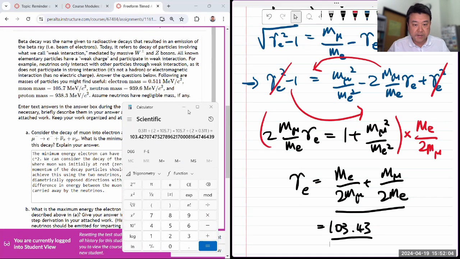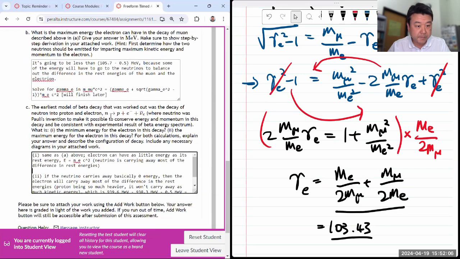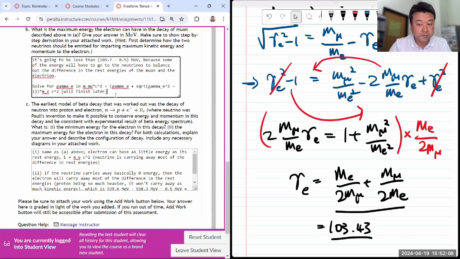Okay, so given that gamma E is equal to 103.43 with the numbers above.